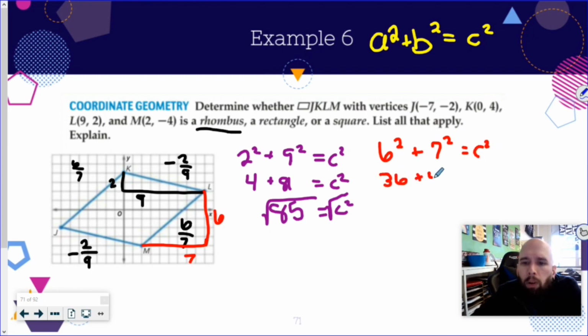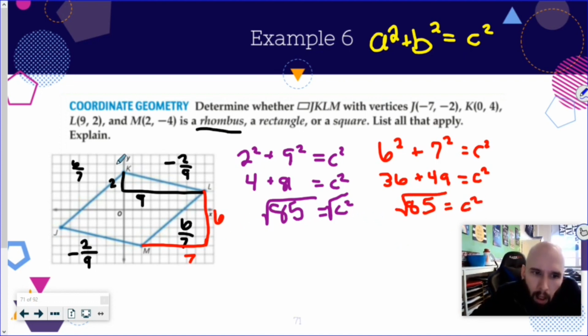That becomes 49 equals c squared. Add those two up, and I get 85. No way! Which means these guys are the same length. So if these guys are the same length, that means these all are going to be the same length. It's a rhombus!